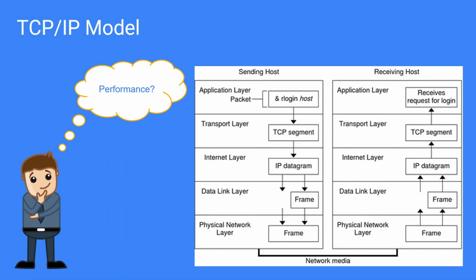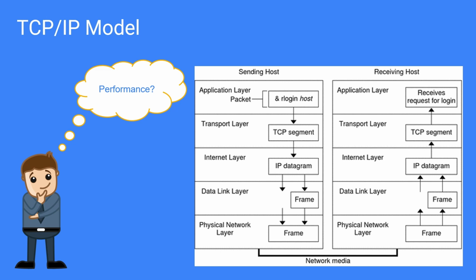So first we are going to start with the TCP/IP model. The TCP/IP model here is a kind of reference model used to better understand the flow of traffic in a particular network. So taking an example here, on the screen we have sending host and receiving host.